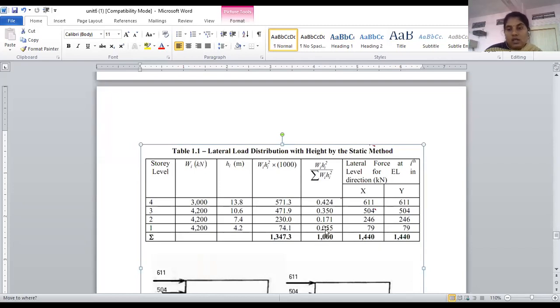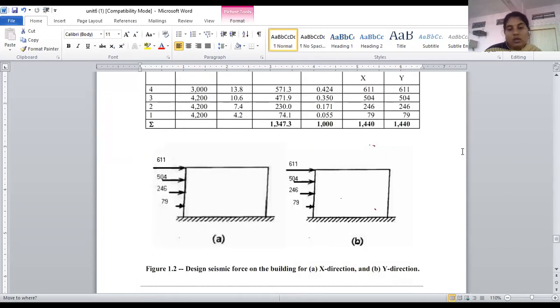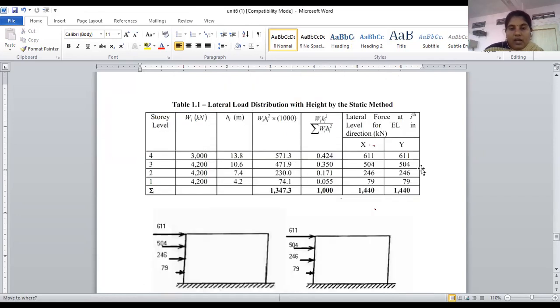Then our answer is correct, and that trick I told you in the last lecture. Okay, and if that column number 5 is verified with the addition equal to 1, then our answer is correct.